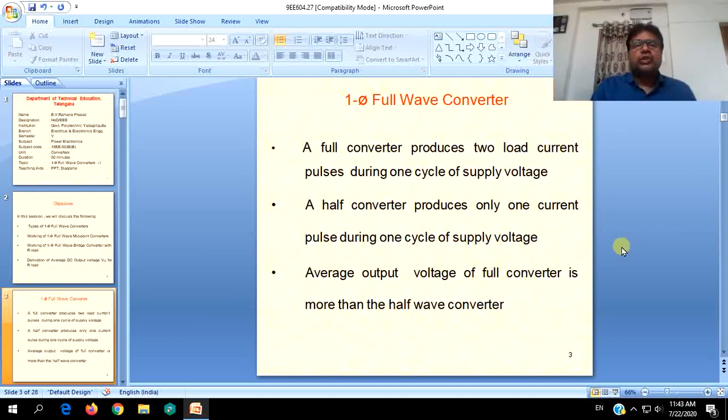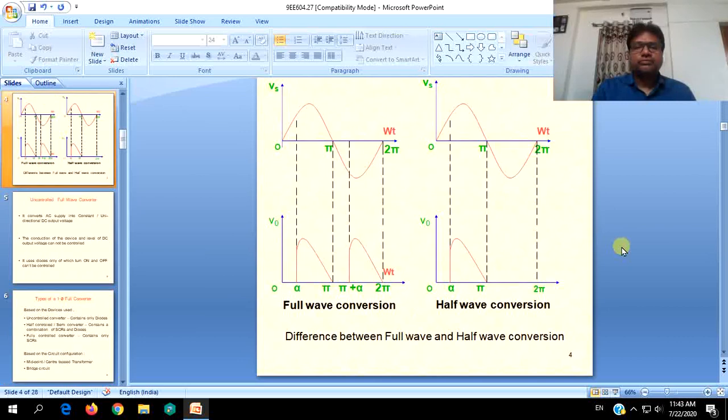where you need to trigger the required switches according to the current direction you want. These are some diagrams from which you can compare that.